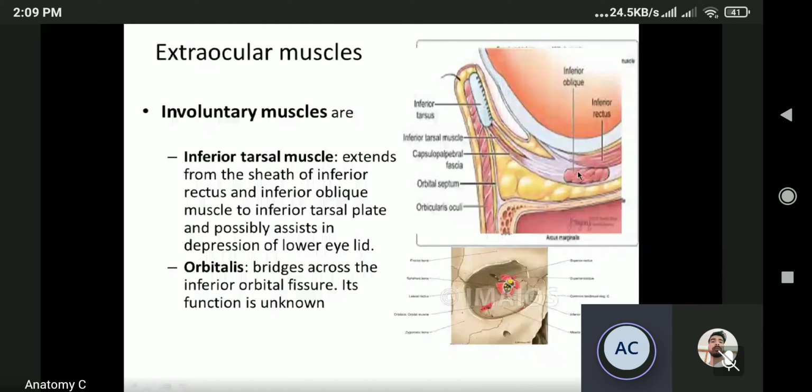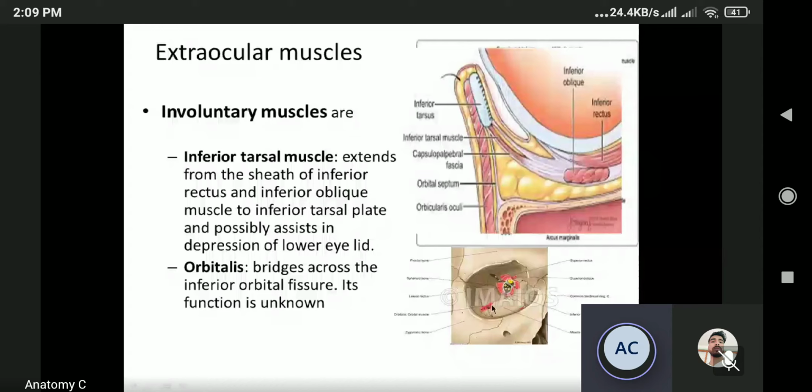Look at this, the sheath of the inferior rectus and inferior oblique. From this sheath, it comes like this to the inferior tarsal plate. So this is the inferior tarsal plate, and this is the inferior tarsal. It is coming from the inferior oblique and inferior rectus.